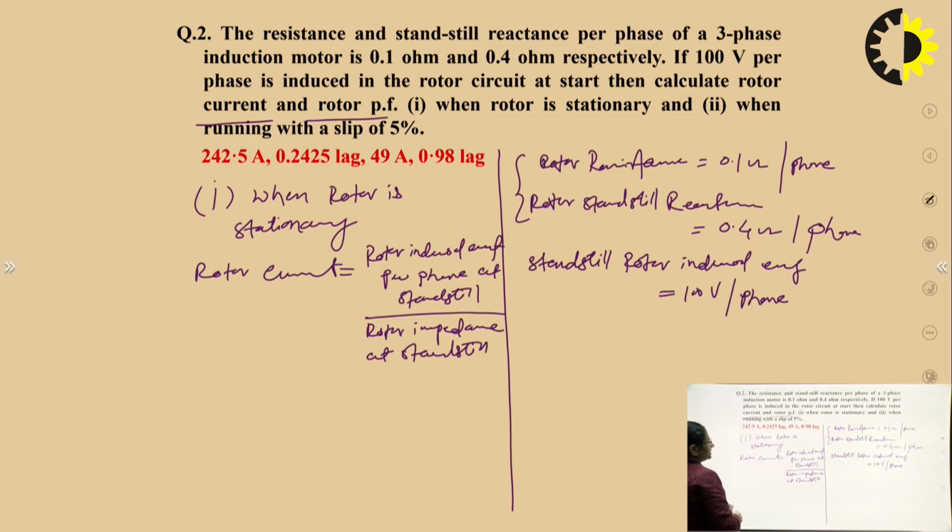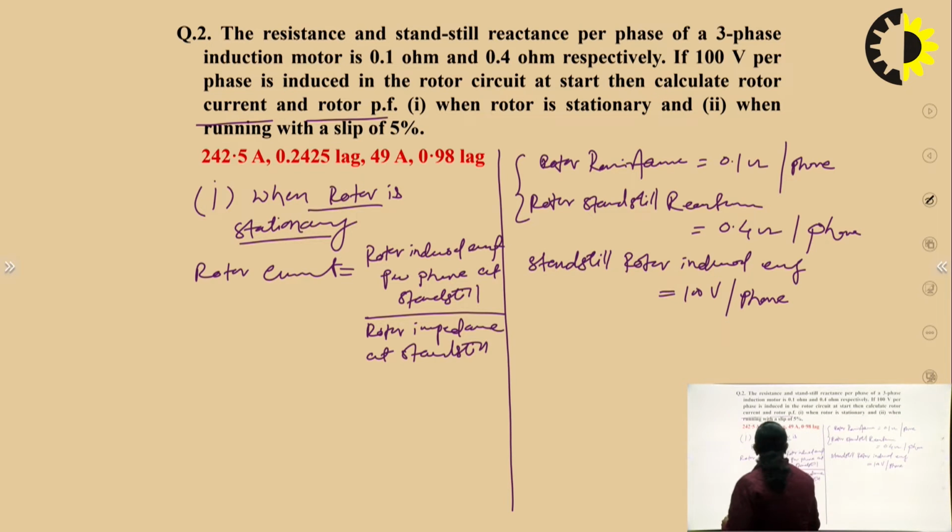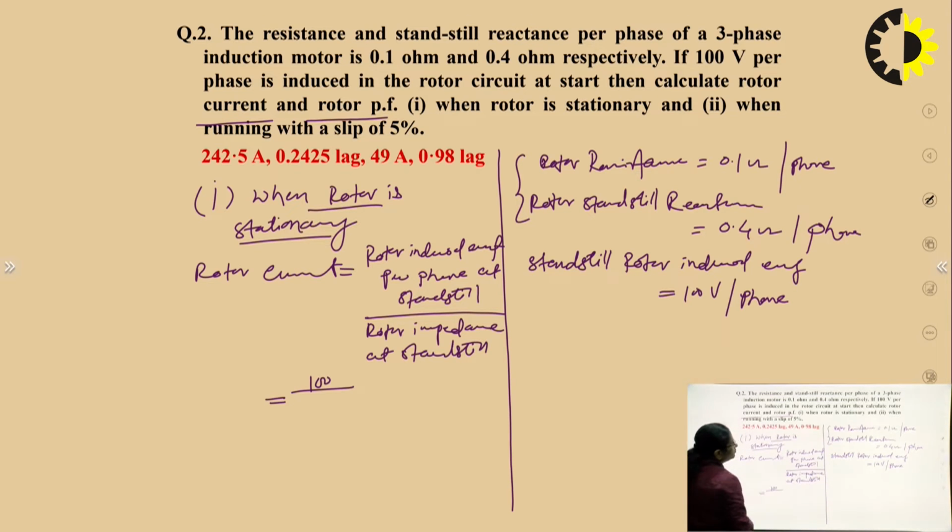So, the rotor current when rotor is stationary can very well be determined as the ratio of rotor induced EMF at standstill to the rotor impedance at standstill, right? The rotor induced EMF at standstill condition is given to us as 100 volt.